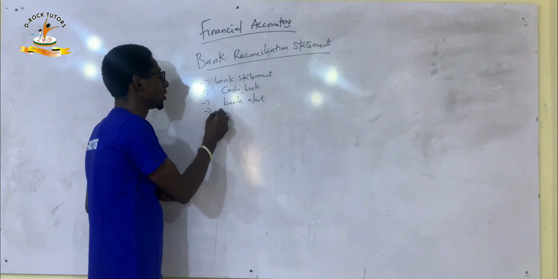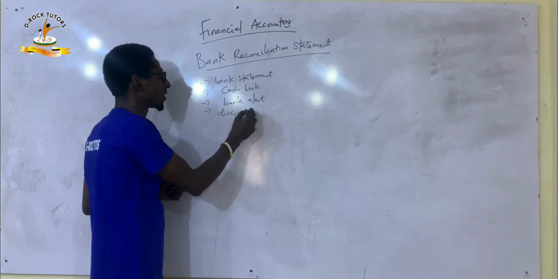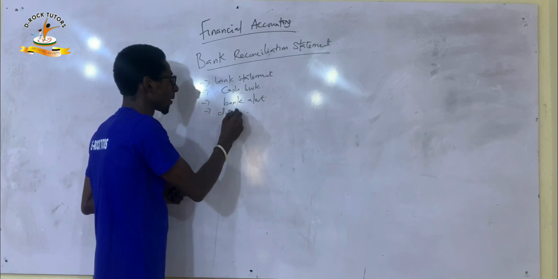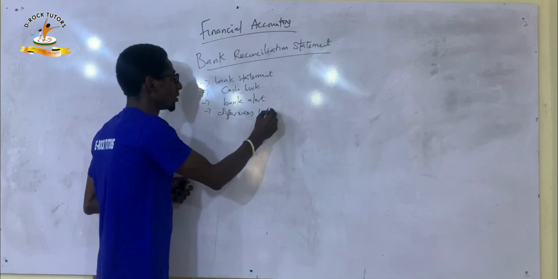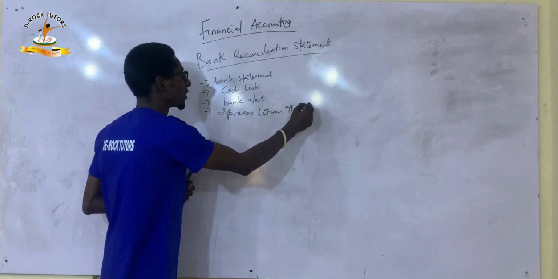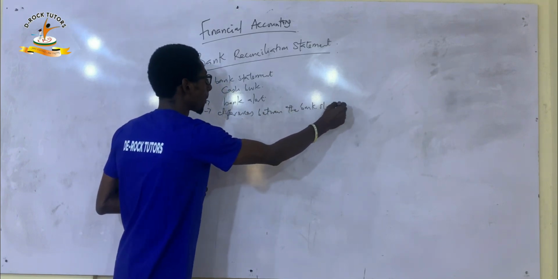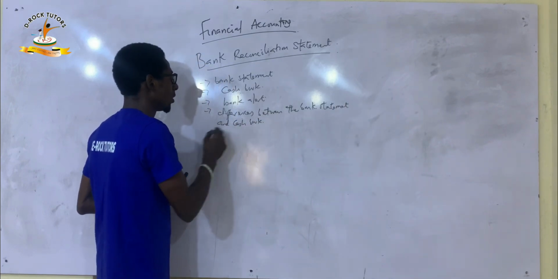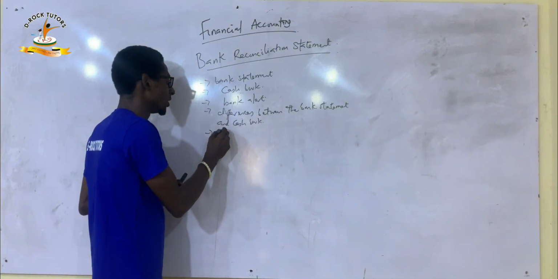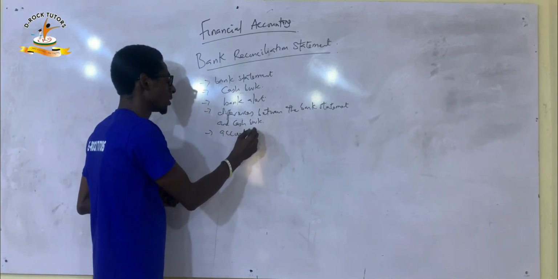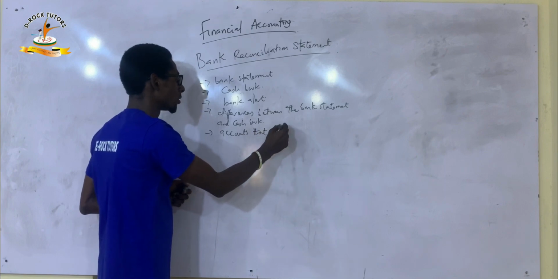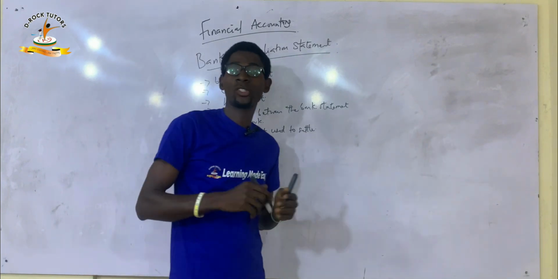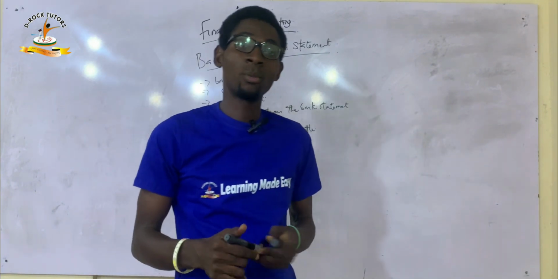You'll have understood the reasons for discrepancies, or differences, between the bank statement and cash book balance. We will also treat the accounts that can be used to settle the discrepancies, and we'll be taking likely questions that can be asked in JAMB. So let's start.